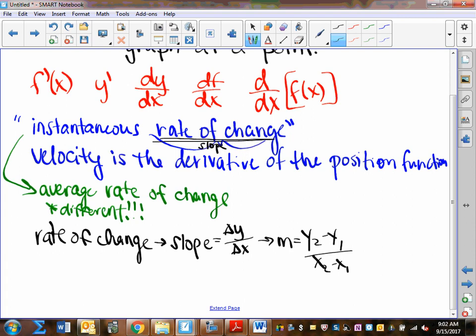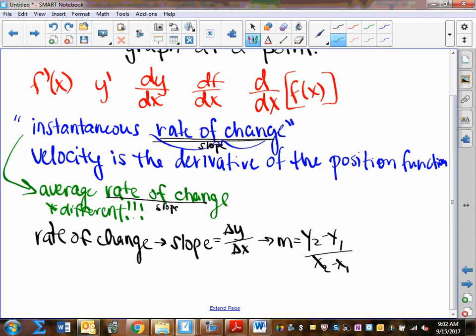Now our average rate of change would be our average slope. When we're dealing with average, we're talking about over an interval. So instantaneous is right here at this point in the graph, what is my slope? Average is saying over a time interval, or over this interval from x equal to 3 to x equal to 5, what is my slope or my average rate of change over that time?